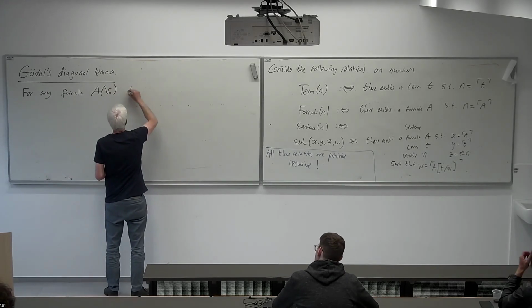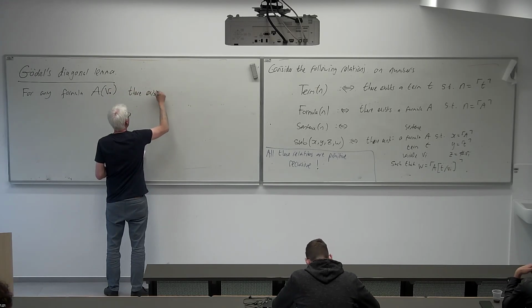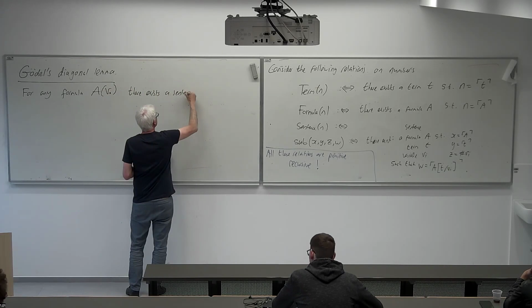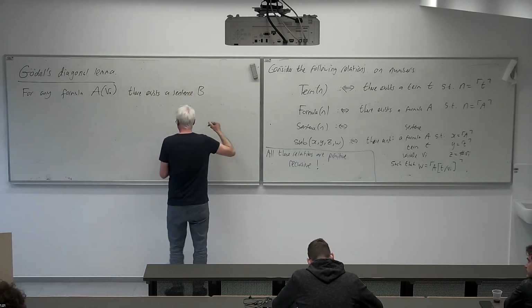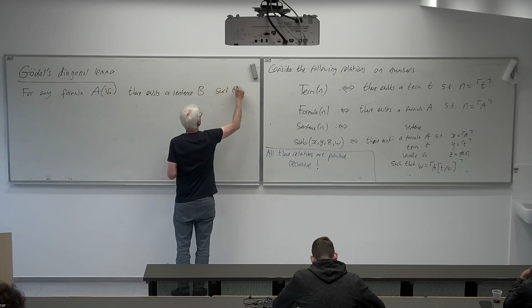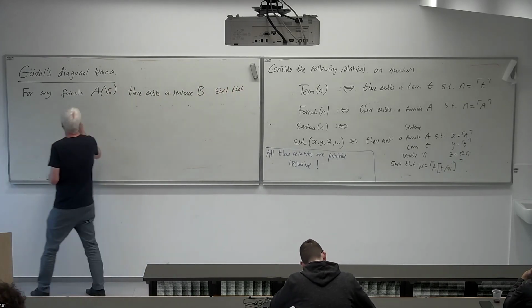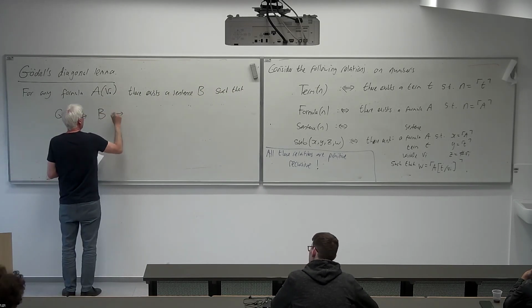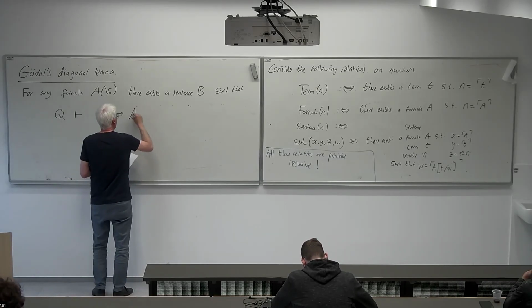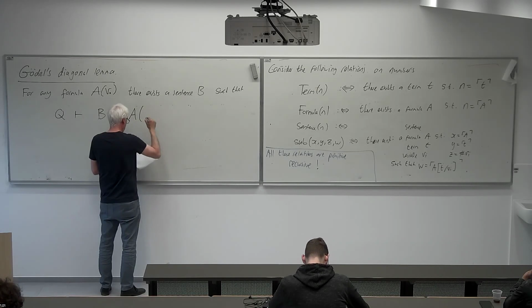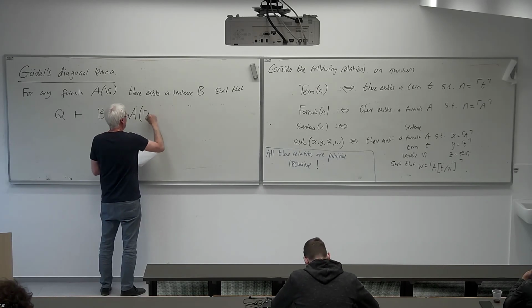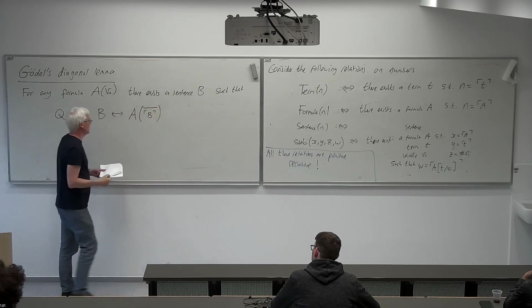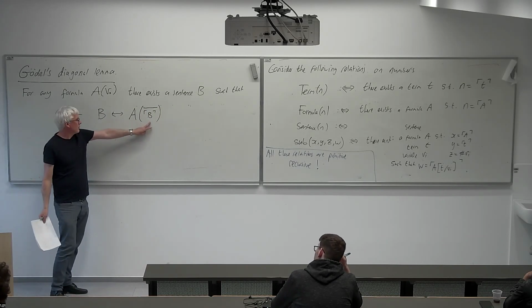So for any formula, there exists a sentence B such that it's provable in Q, this weak theory, that B holds if and only if A holds, where instead of the variable v0, we substitute the numeral for the Gödel number of B.